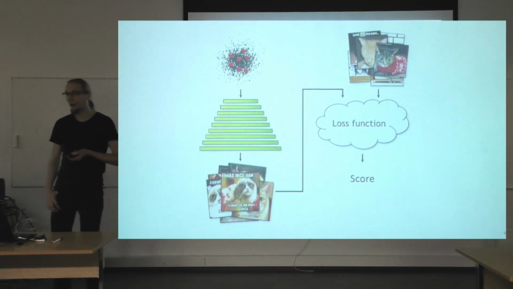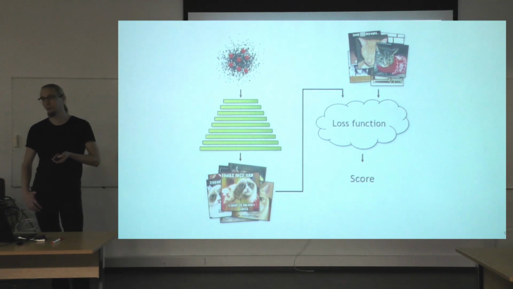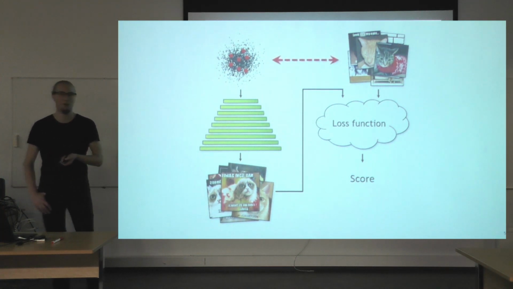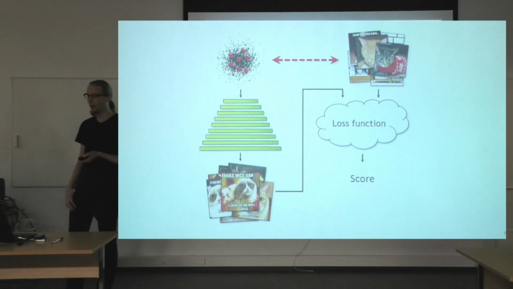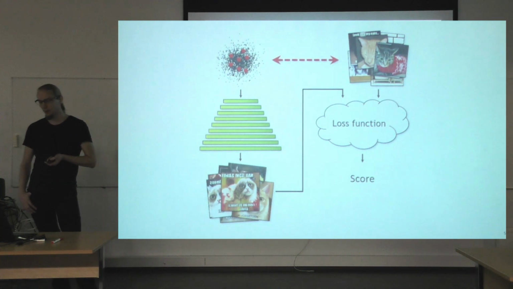Now the training data is also a collection of pictures, and now the big problem here is already evident, because there's absolutely no correlation between these random inputs and images in the training data.